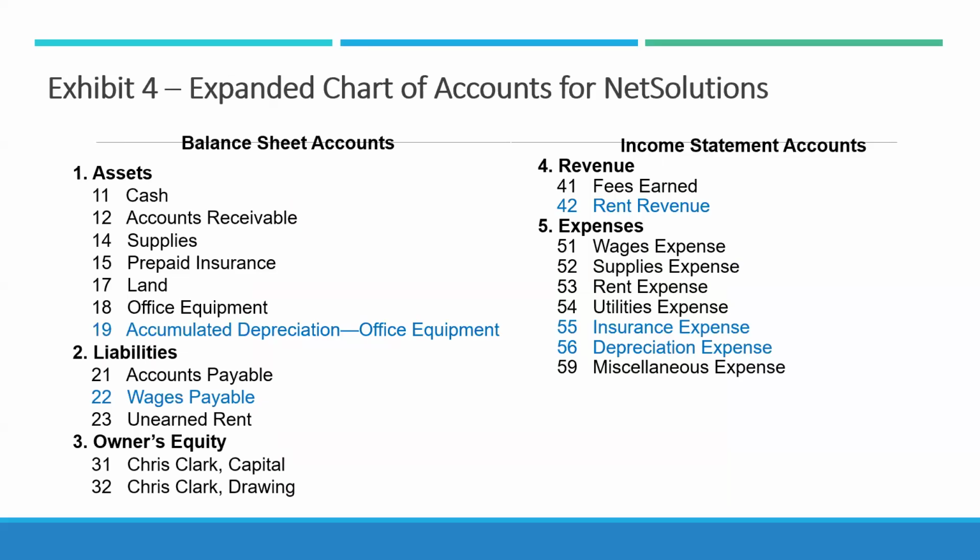So here is our chart of accounts, and we've added a couple new ones. We've added rent revenue, insurance expense, depreciation expense, something called wages payable, but we know it's a liability, it's a payable. And then something new called accumulated depreciation on office equipment.